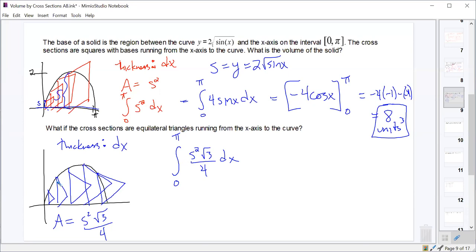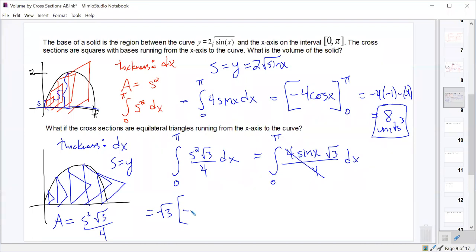And what is the side length? The side length is always the value of the function, right? S is equal to y, so squared, right? That should give us 4 sine x again. So we'll have 4 sine x root 3 over 4 dx, or just root 3 times, we can cancel out the 4's, right?